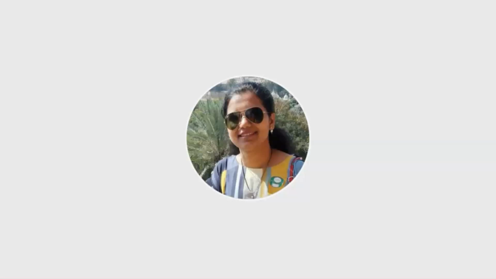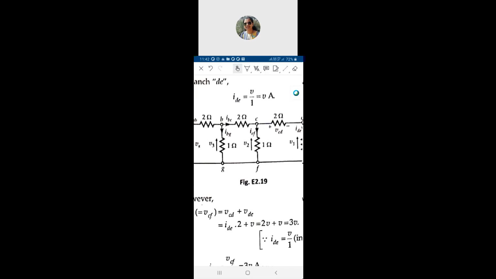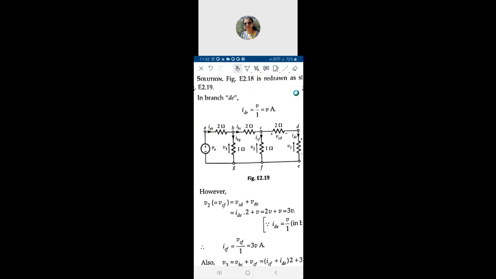If you give the names to the nodes starting from A, for the upper branch it will be A, B, C, D, and for the lower branch, at the ground line, the node names will be E, F, G respectively.